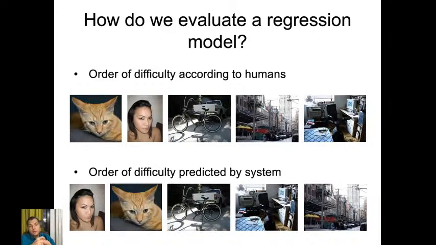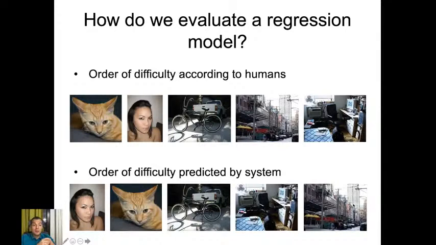One is, for example, assuming that you can take all the data samples from your test set, how well does it align with the natural order given by the labels? Here I'm giving an example on image difficulty prediction. We have an order of difficulty that is defined by humans, and our model predicts the difficulty in this order.